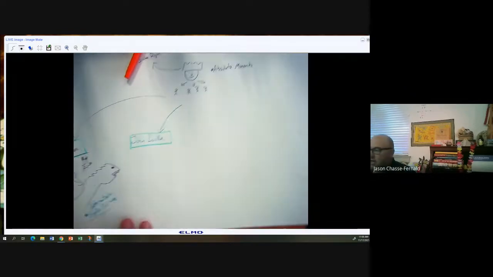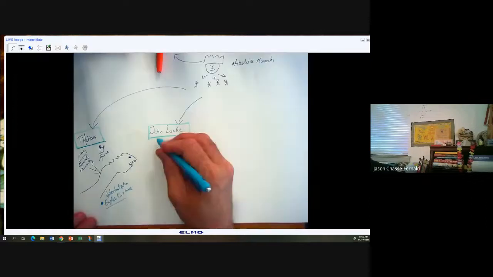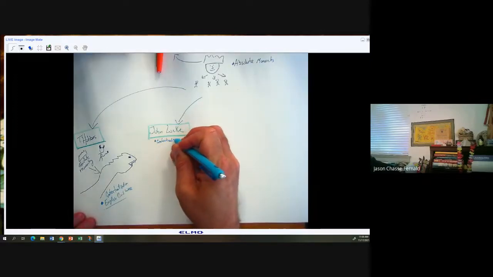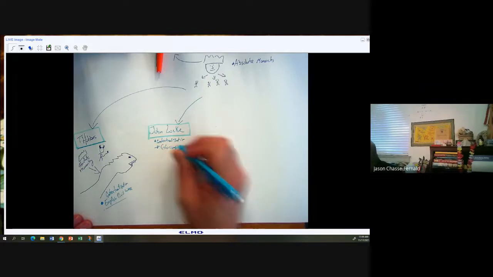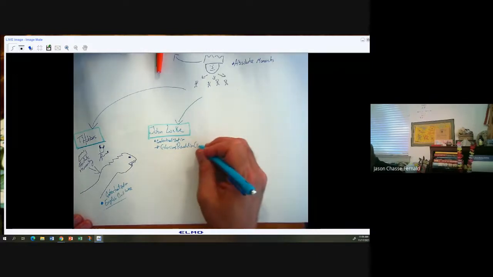So, John Locke, and let me throw some contextualization in here. Things that we associate with him are the Glorious Revolution, and that is in 1688.